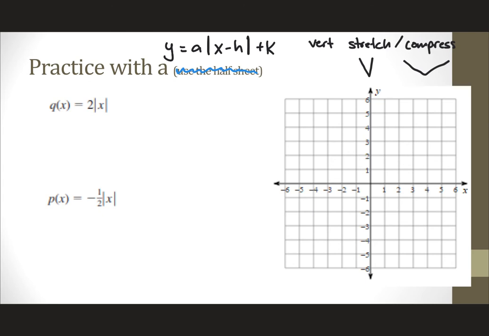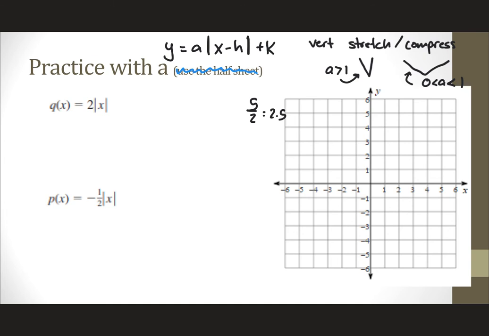Okay? Now, which numbers do this? Well, all numbers that are greater than 1. So, if A is greater than 1, you're going to get a stretch. All right? If A is in between 0 and 1, you're going to get a compression. Okay? So basically, if you have a fraction, it's going to be compression. But be careful with that fraction, because if I have 5 over 2, okay, well, that's 2.5.